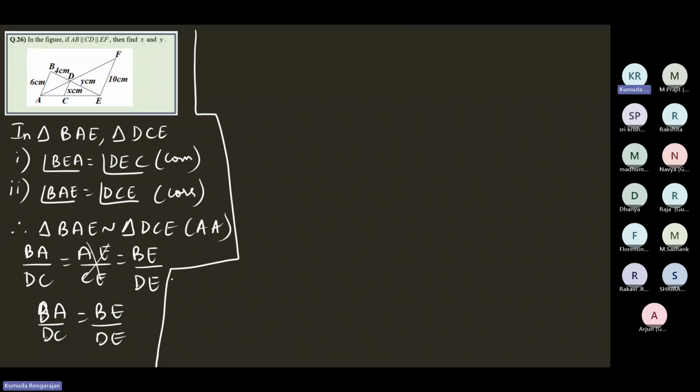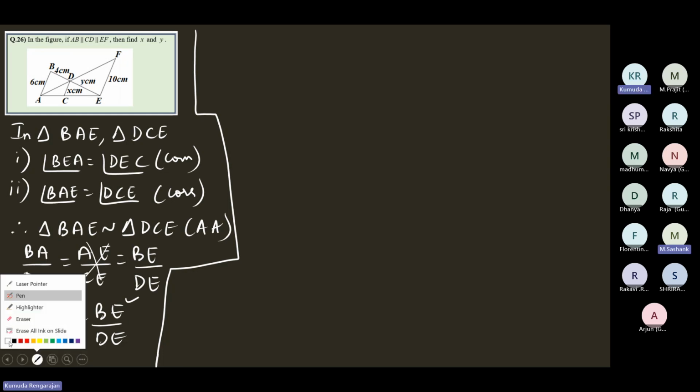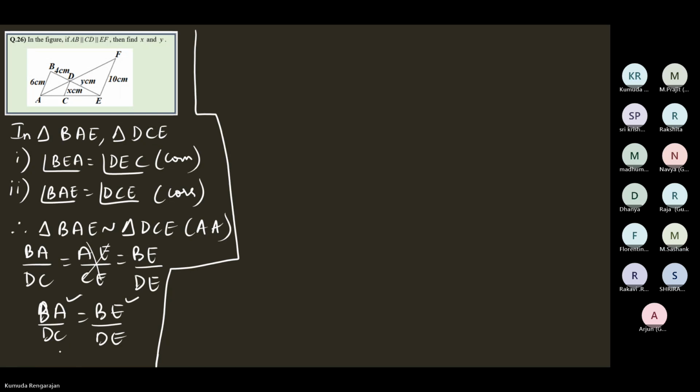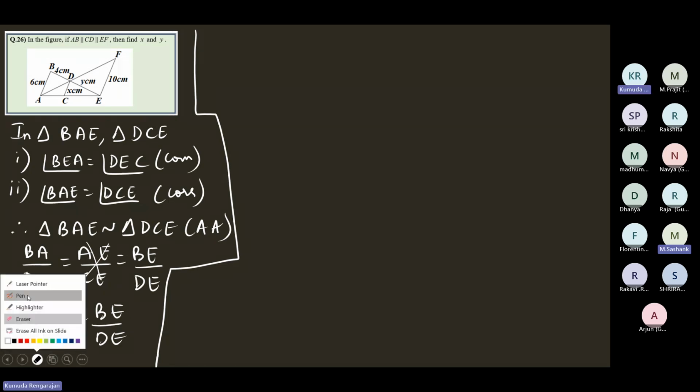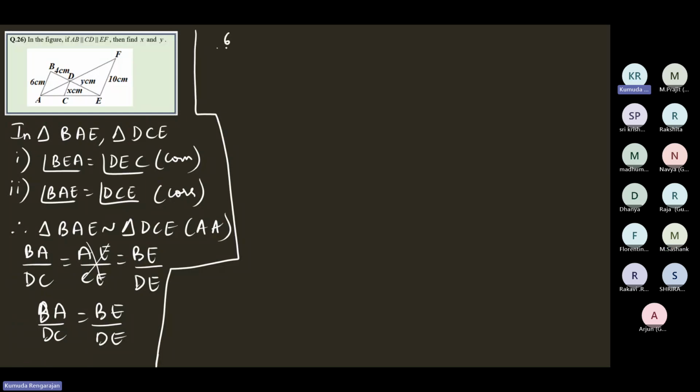Write all the 3, but since we have information about these 2, we'll go ahead only with these 2. If needed, we'll come back to AE by CE. For now, these 2 are enough. Now BA is 6 by DC, X, equals BE, 4 plus Y, by DE, Y.